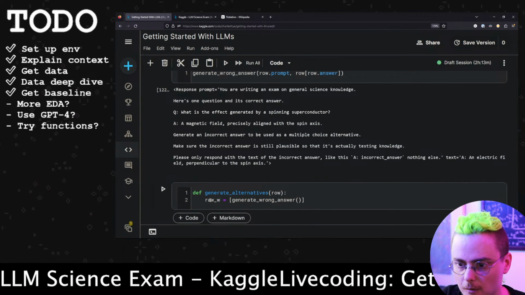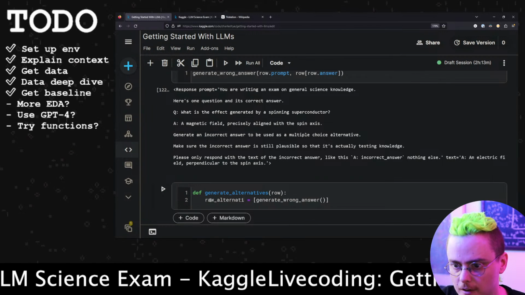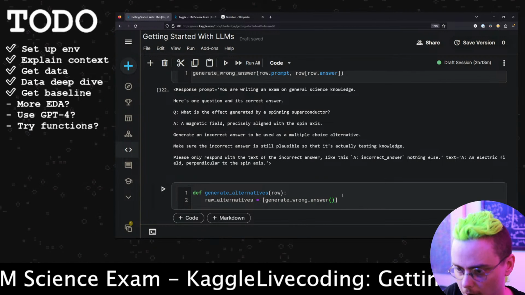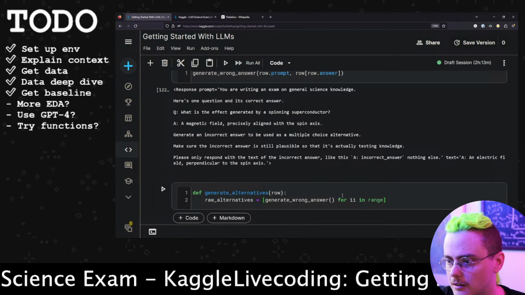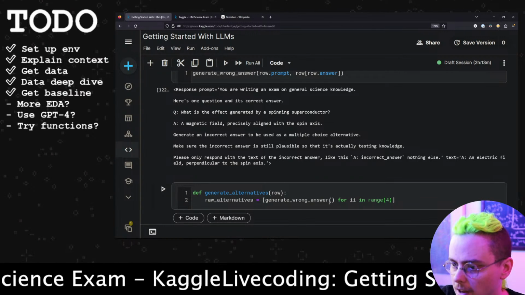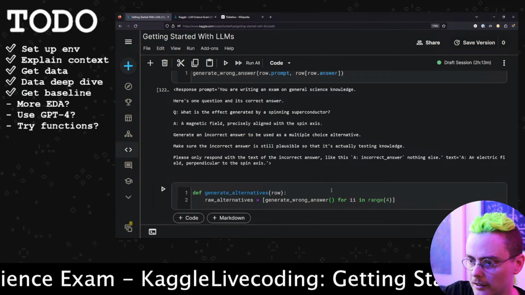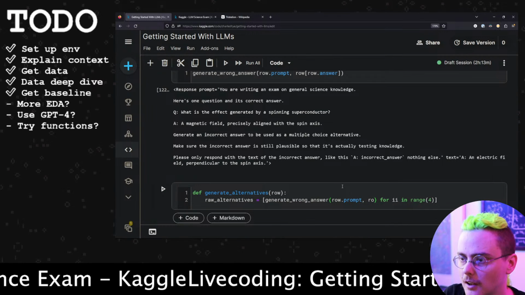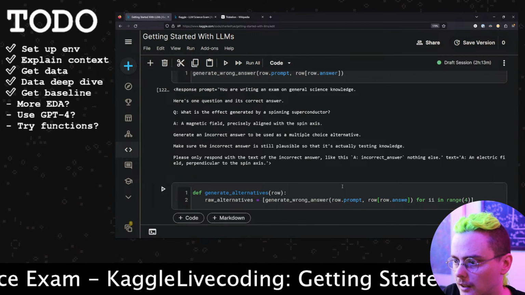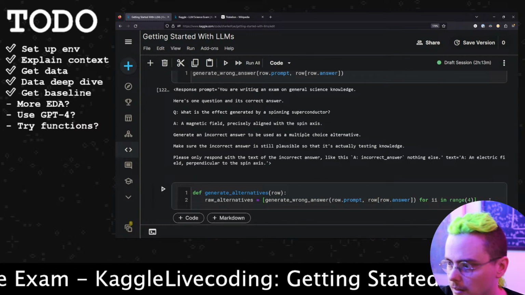Let's see, raw alternatives is going to be generate wrong answer for i in range 4. 4 is a magic number. It's how many possible alternatives there are to the right answer. And then we have row.prompt and row.answer as our things here.